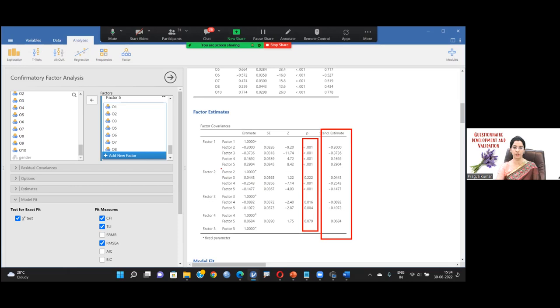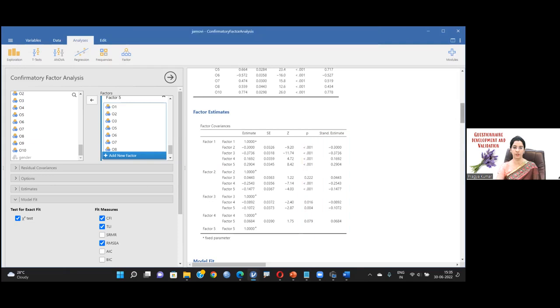In the original tool, you will see that there were items which were reverse coded. We discussed this yesterday also, that reverse-coded questions will be negatively correlated, because the options go from highly disagree to agree, and it will give you the opposite answer. Okay, so this was the factor covariance estimate.